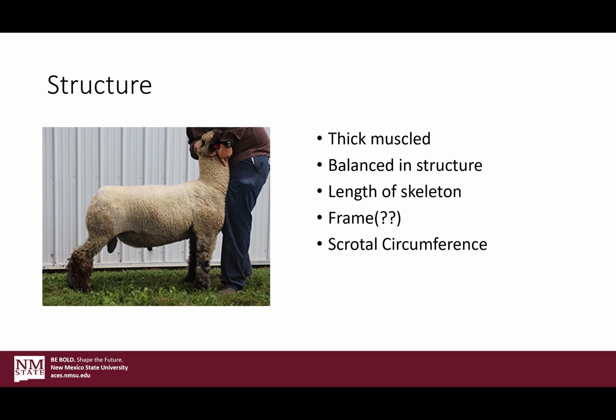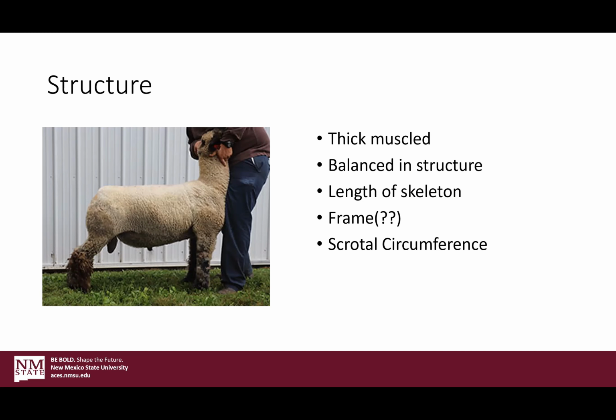So just looking for a nice, deep-bodied, thick ram, has a balanced structure, length of skeleton, and I put question marks by frame. We don't want little guys that maybe can't get the job done and might go backwards on your overall weaning weights, but you can get too big, right?